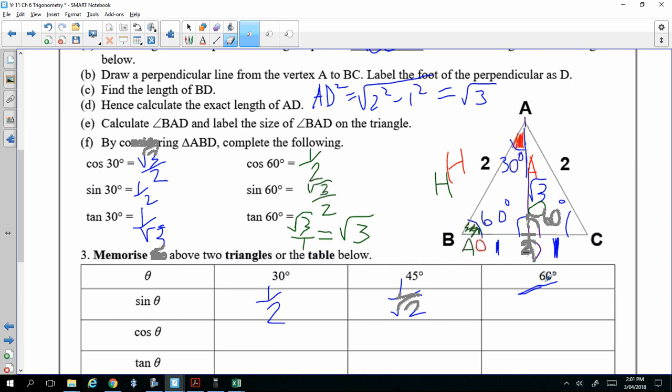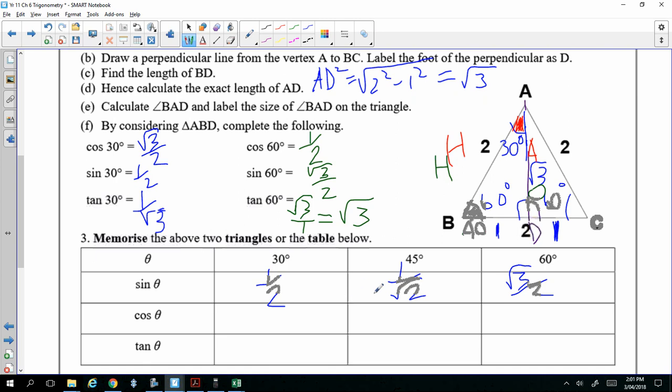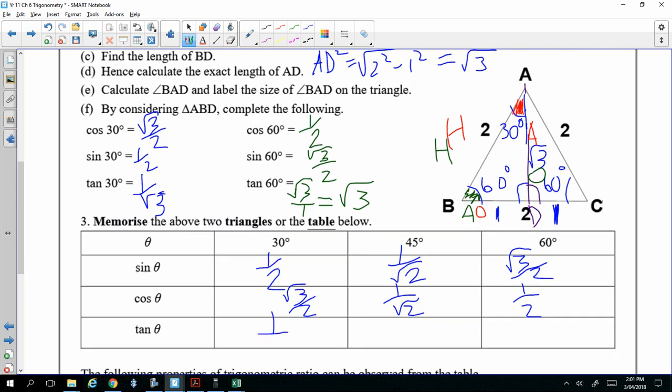Then we'll do the cos 30. Cos 30 is root 3 over 2. Cos 45 is 1 on root 2. Cos 60 will be half. And tan 30 is 1 on root 3, tan 45 is 1, and tan 60 is root 3.